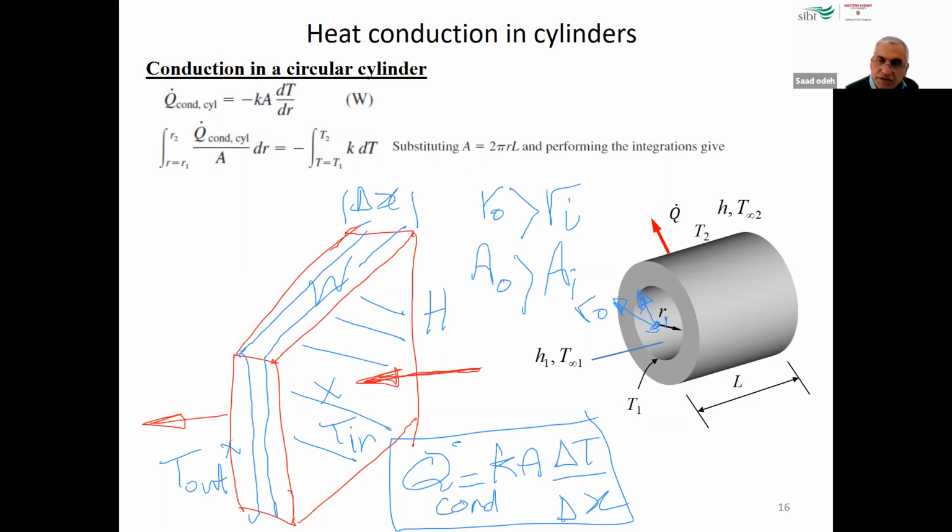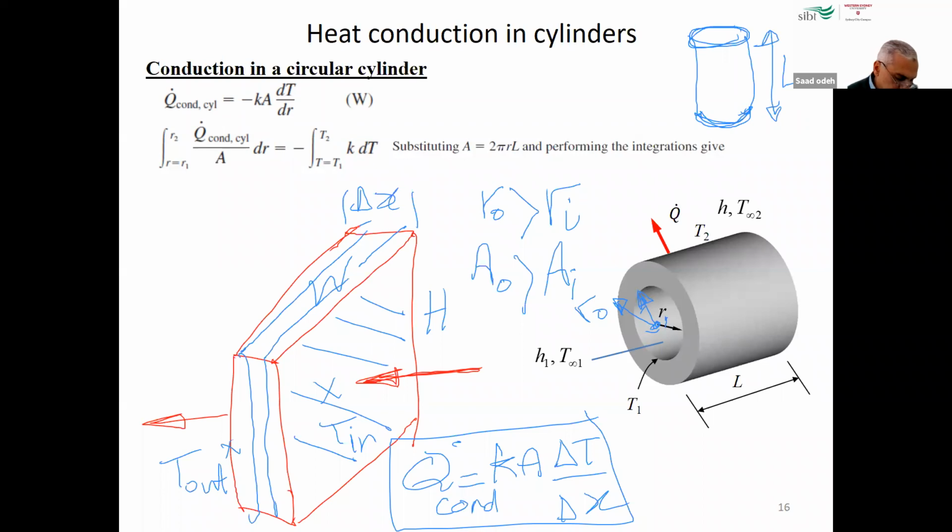The cylinder area depends on the circumference of the cylinder. So if I know the circumference multiplied by the height or length of the cylinder, L, then I can get the surface area.